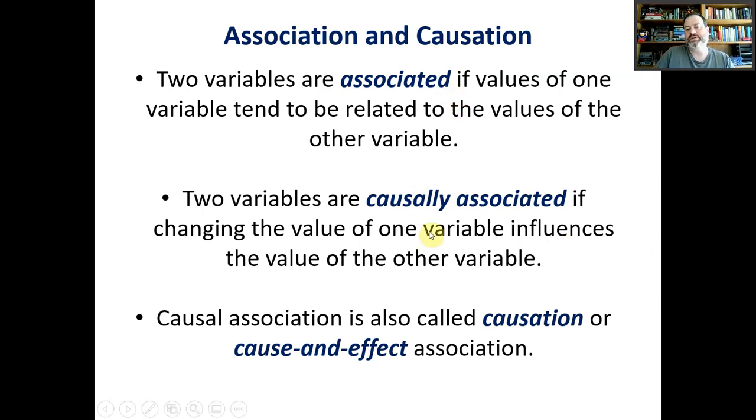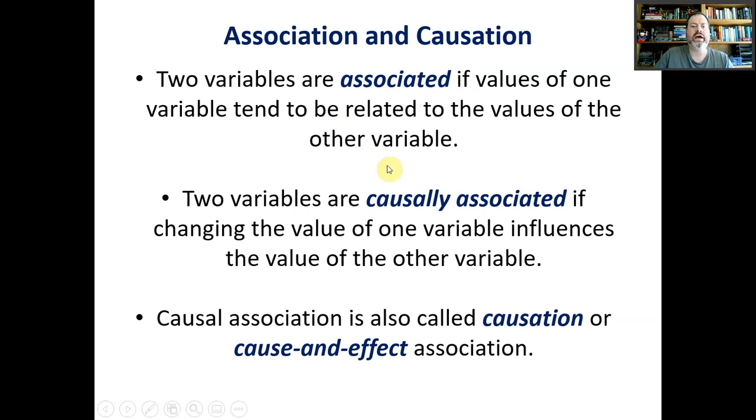So what's the difference between these two things? Well, an association just means that two things are happening together. An easy example of two associated variables would be height and weight. Generally, people who are taller are also heavier, so there's an association between height and weight.